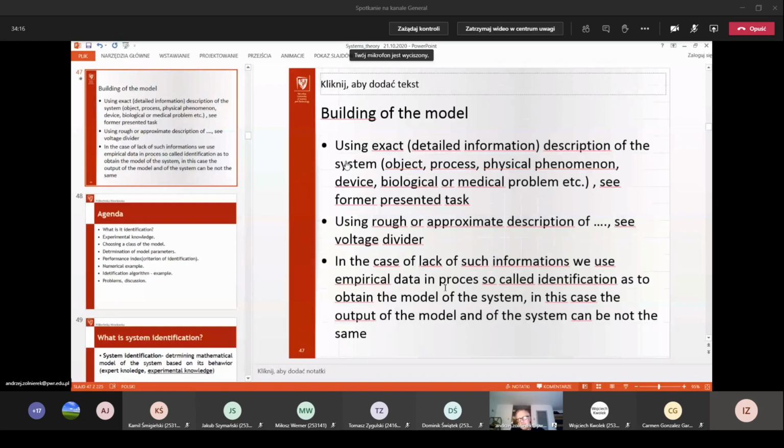Nothing, or partial knowledge about this problem? I hope you agree that even partial knowledge about this problem is better than having no knowledge about it. It's obvious for me, for example. So that is why identification procedures are applied to find the model.